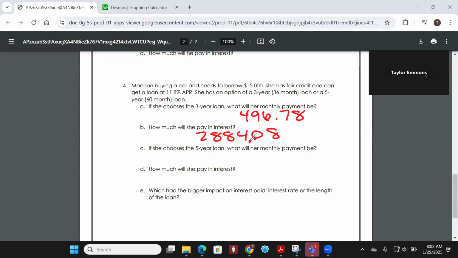If she chooses the 5-year loan, what's going to be the monthly payment? 332.18. And how much interest? 4,000. Yeah. Okay. Which had the bigger impact on interest paid? Interest rate or the length of the loan?